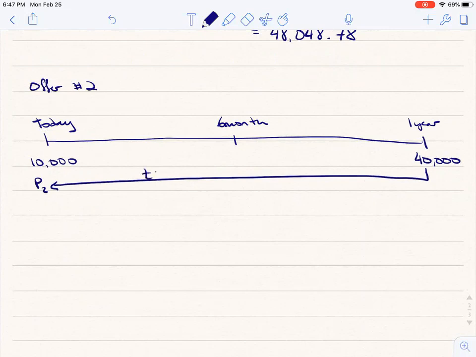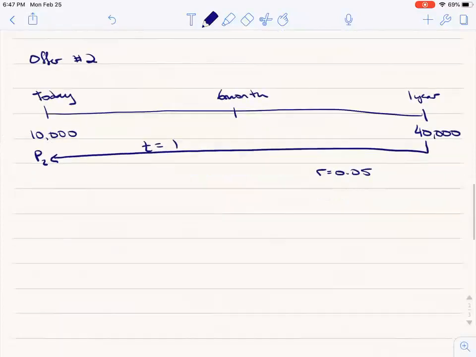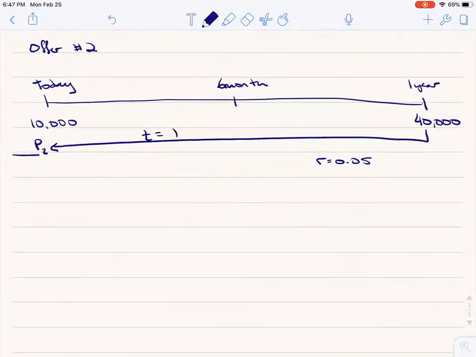I'm going to put the T on this arrow. T, the length of this arrow in years, is just 1. And the rate, again, is 0.05. I'll just jot that down. The total of 10,000 plus P2 is the total value of offer number 2.